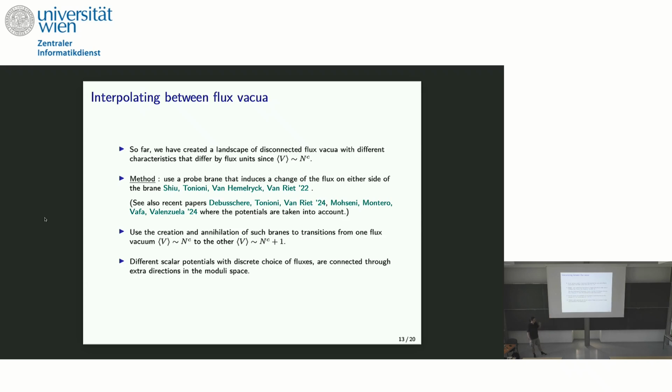Maybe we can even relate this from now to the potential that we had, because we saw that the vacuum expectation value of this construction depends on the flux. So when you change a flux unit and go from n to n+1, you just move to some other solution in the flux vacua landscape.